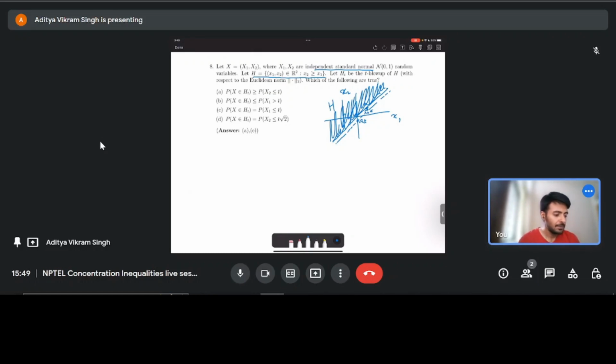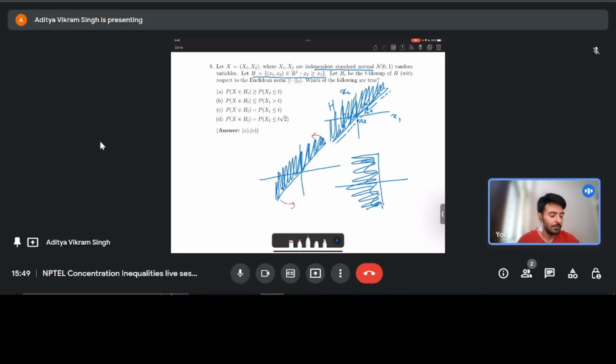So we know that the standard normal is rotation invariant. What that means is that the probability of this region above this line will be the same as if we just rotate this line so that it coincides with the y-axis, so then it would be this, right?